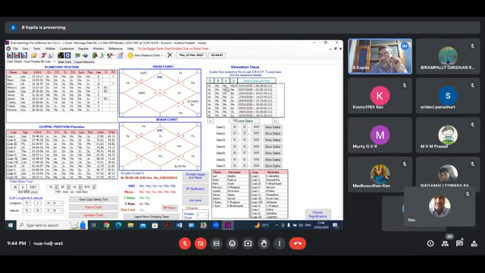What is important for Sukshma and Prana Lord? The first important point for any planet to be a Sukshma Lord or a Prana Lord is that the planet has to be linked directly to the seventh cusp. Unless that planet is directly linked to the seventh cusp, it cannot be a Sukshma Lord.